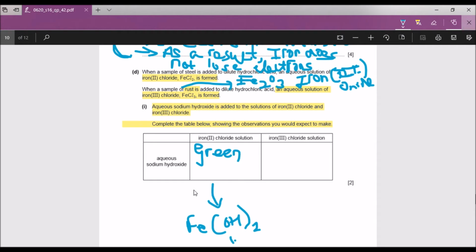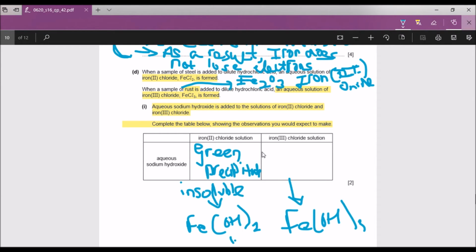And it's also insoluble in this solution. So you get a green precipitate as a result of that. It's just something you have to remember. Iron 2 compounds generally form green precipitates. That's a cation test. And with iron 3 chloride, you basically get Fe(OH)3.